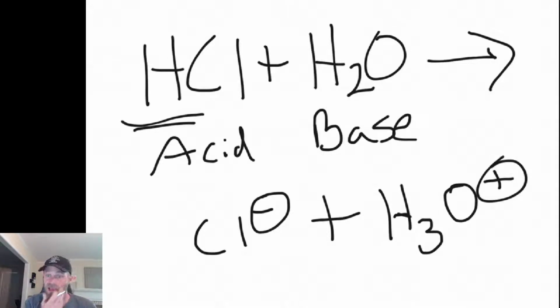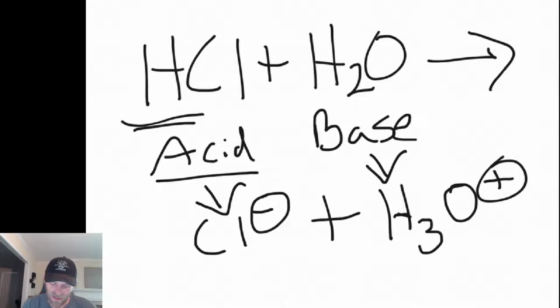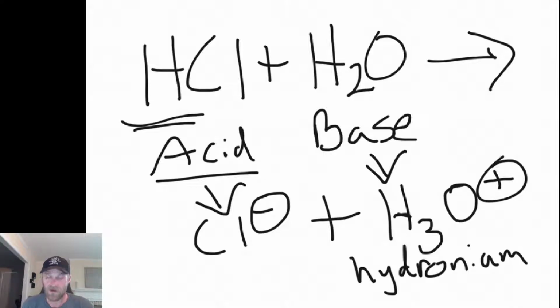And now they create what we call conjugate pairs. The acid always makes a conjugate base, and that would be this chloride here. And then the base always makes a conjugate acid, which would be this, what we call a hydronium. Let me write that on here. H3O plus is the hydronium ion, and it's always got a little plus charge.